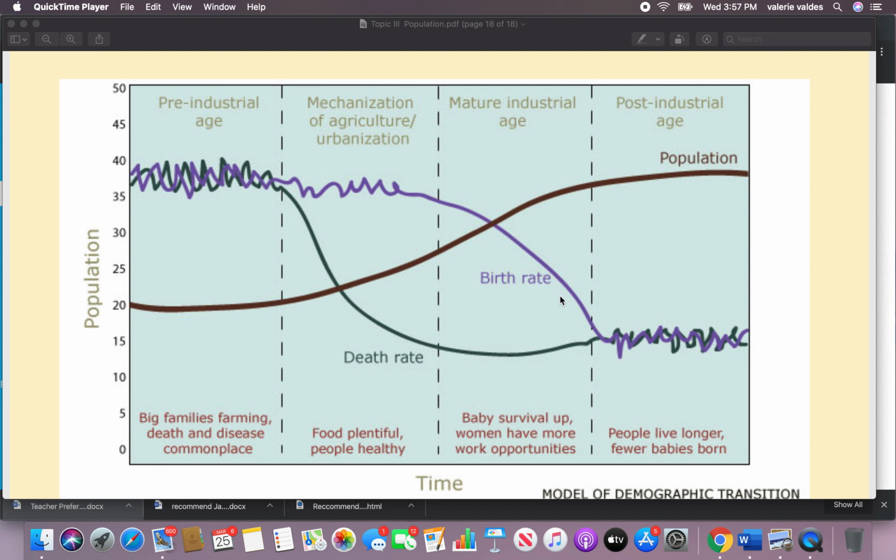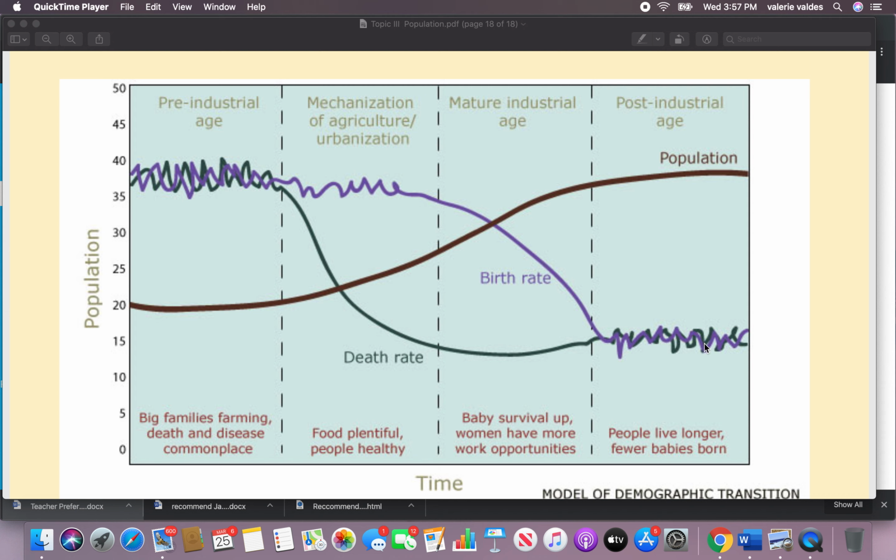And that really is because women have opportunities in the workforce, they're educated, and they're having access to birth control, basically family planning. And so this is where, even though the population, of course, is still increasing slightly, it's going to start to level off into the post-industrial, which is where you see that the birth rate and the death rates are equal.